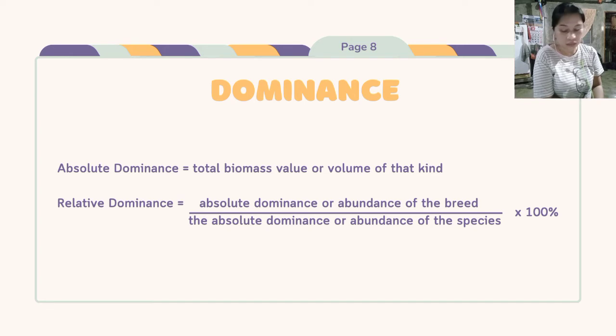So, to get the relative dominance of the nut grass, we have to get the absolute dominance, or the absolute totality, of all species present in the 100 square meter, and divide the absolute dominance or absolute abundance of the nut grass by that number. The answer will be multiplied by 100 to get the percentage.